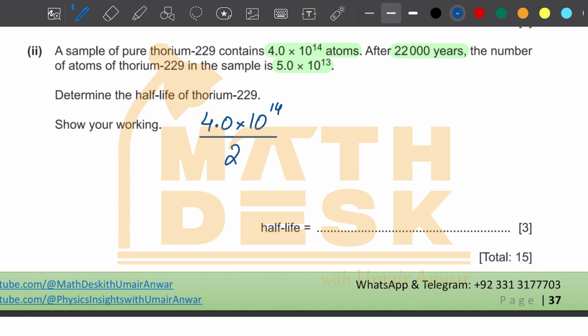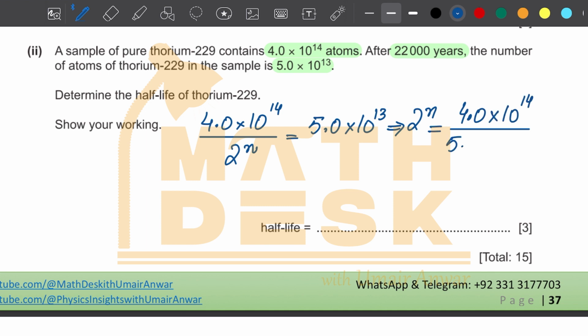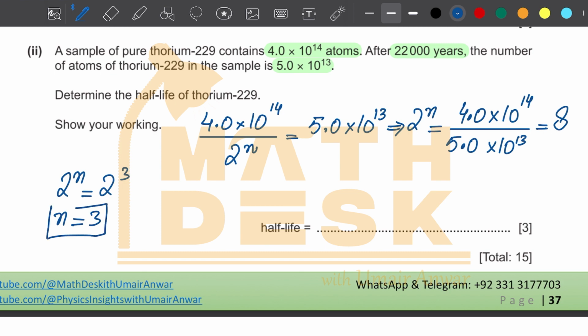When it is halved multiple times, 2 raised to the number of half-lives, the number of atoms would decrease to 5.0 × 10^13, which means 2^n would be equal to 4.0 × 10^14 divided by 5.0 × 10^13. We would get an answer of 8, which shows that 2^n is equal to 2^3. So n would be equal to 3. We have 3 half-lives here.